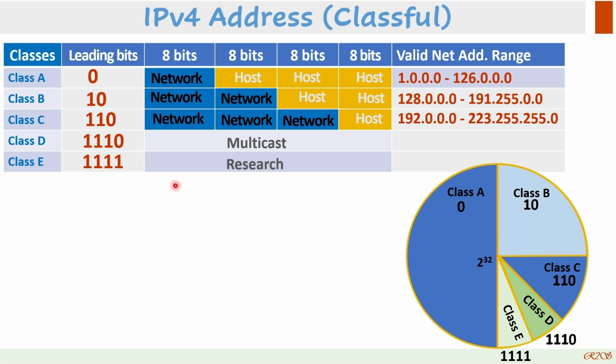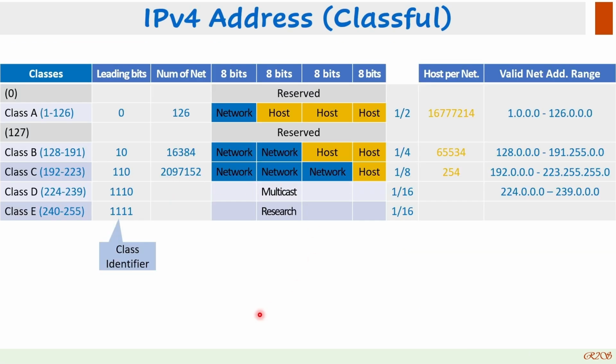Okay, so let's summarize what we learned till now. Class A networks have 8 bits for network address and 24 bits for host address. Since only 8 bits are for the network address, we get 126 networks, because one leading bit is fixed, so it's always 0, and we get this amount of hosts per network.